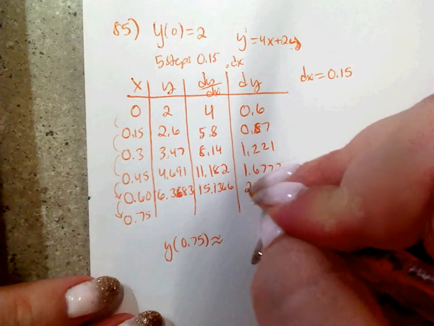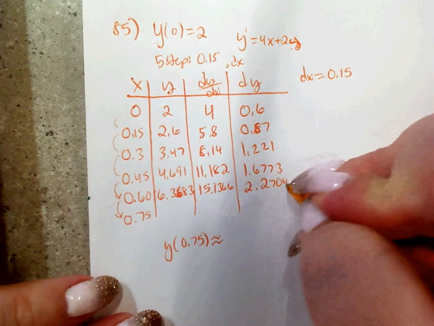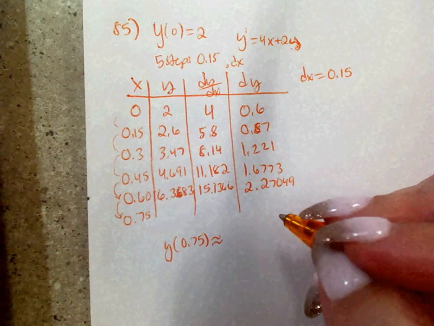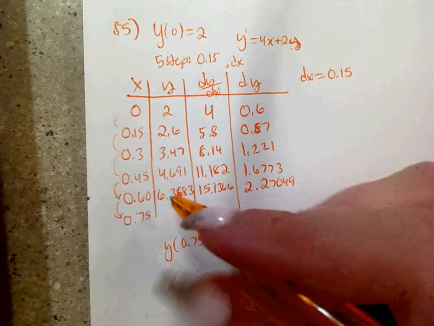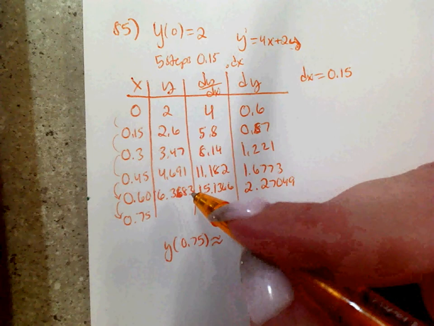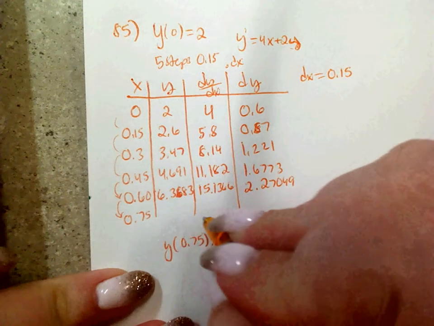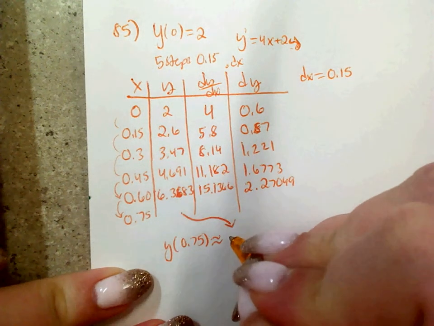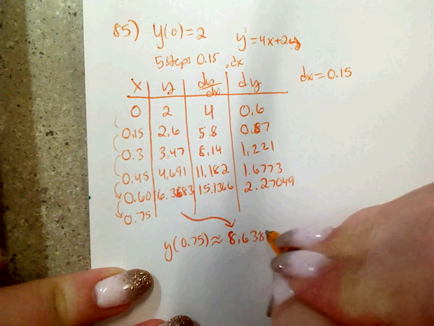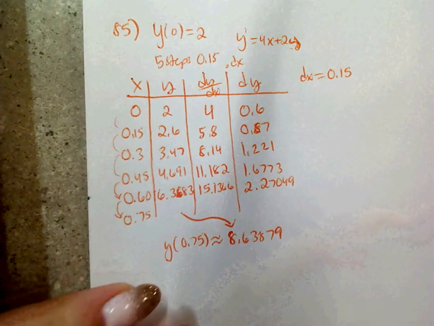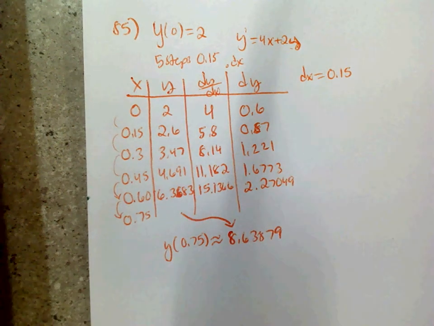Add that to 6.3683, and the approximation is 8.63879. Well, that was fun. So if I ask you to do it by hand, obviously the decimals won't be that crazy. If there are decimals, it'd be something you could simply put into fraction form. But cool. Process is the most important thing.